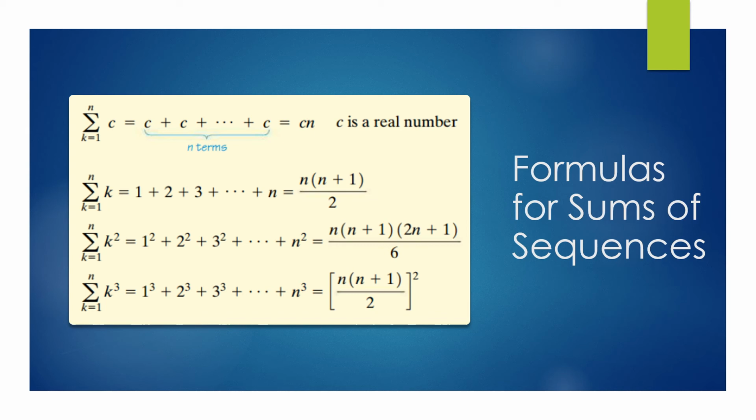When we do the summation as k equals 1 to n of k squared, that means we have 1 squared plus 2 squared plus 3 squared all the way up to n squared. That is going to equal n times n plus 1 times the quantity 2n plus 1, all divided by 6. And similarly, you see the formula for the summation of k to the third power. So these are useful formulas.